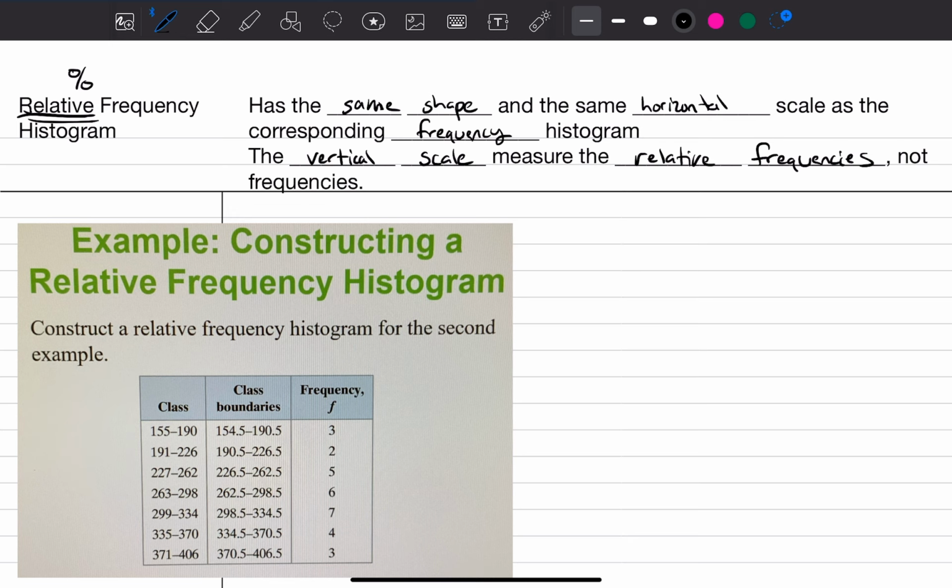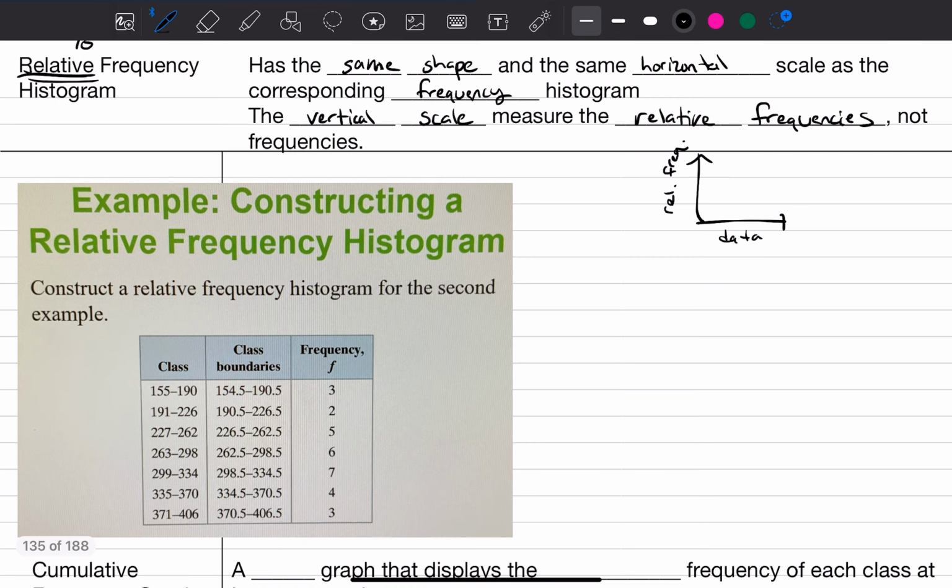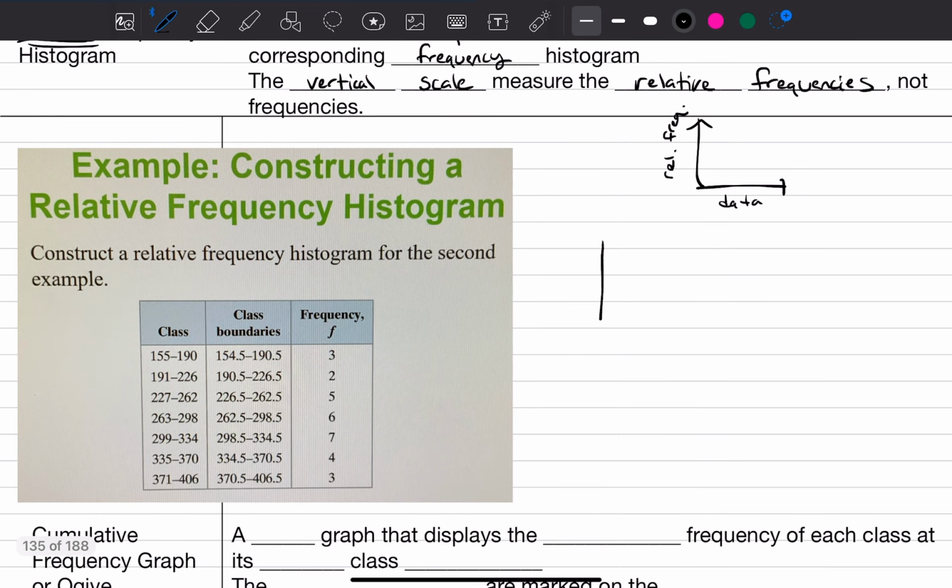All right, so it's going to look something like this. Down here, we're still going to have the data values, but on the y-axis, now it'll be relative frequencies. But it's the same idea. So let's make a histogram. We can go ahead and use class boundaries or midpoints.